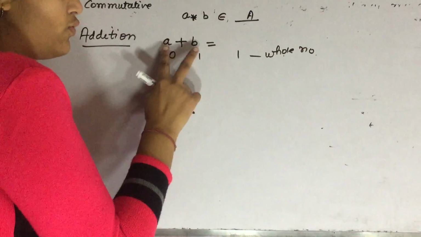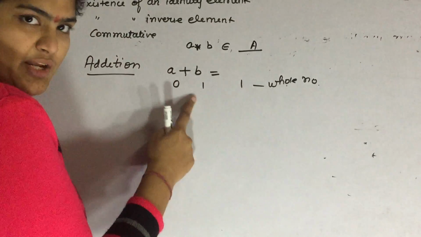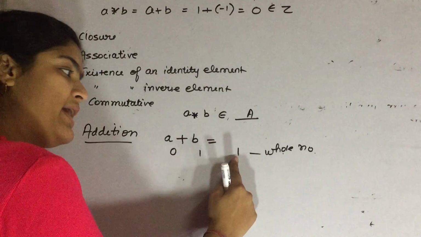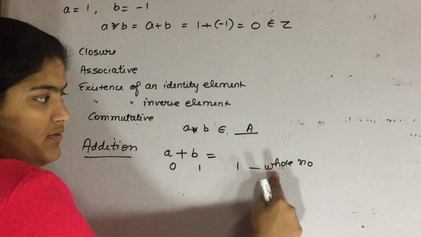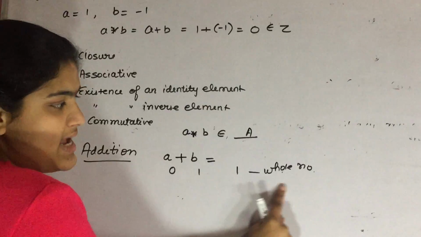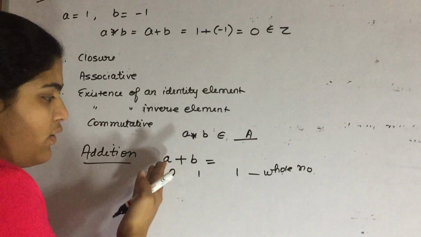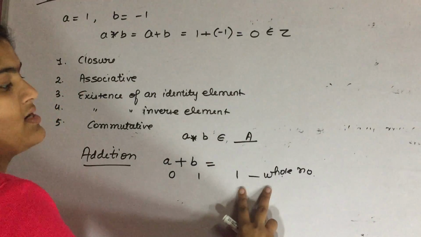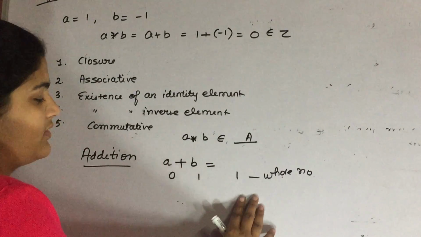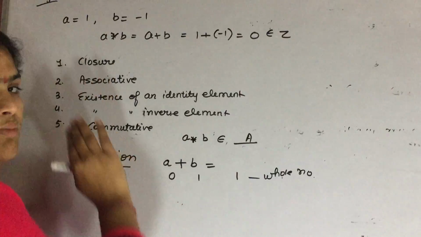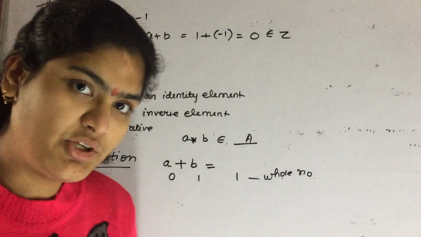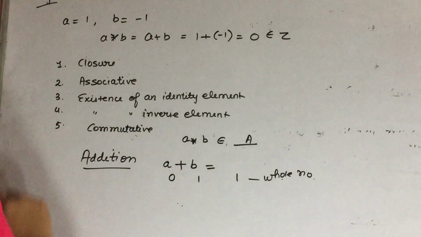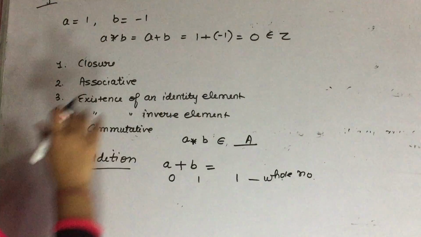If you take two elements and apply the operation, whether addition, multiplication or division, and you get a number of the same class, that same set, like whole numbers, then that is the closure property. It means the result is of the same type of set from which the elements were taken. Now your next property is associativity.